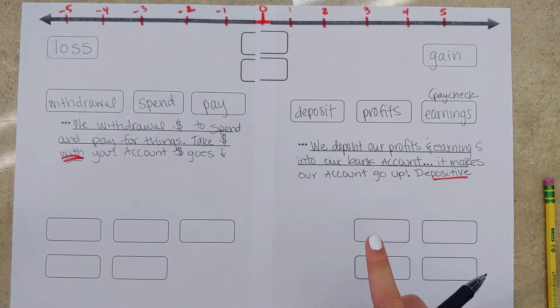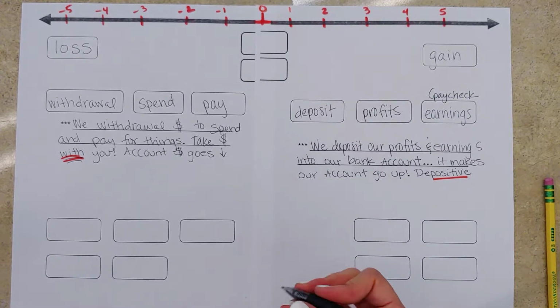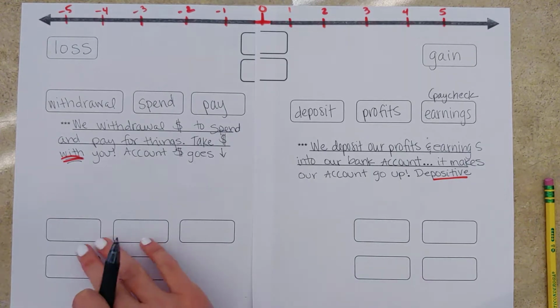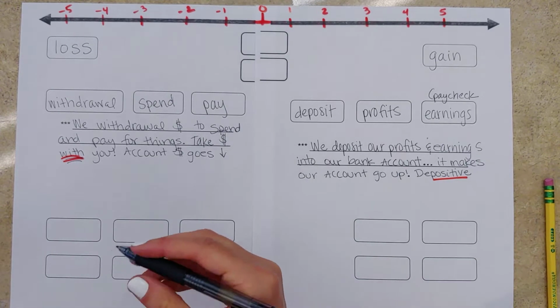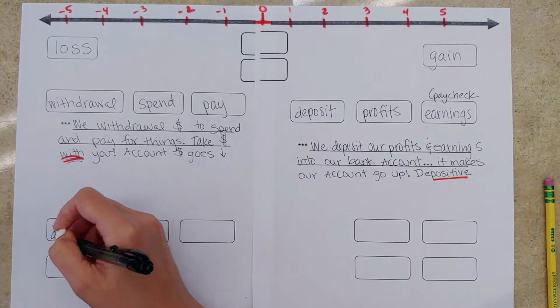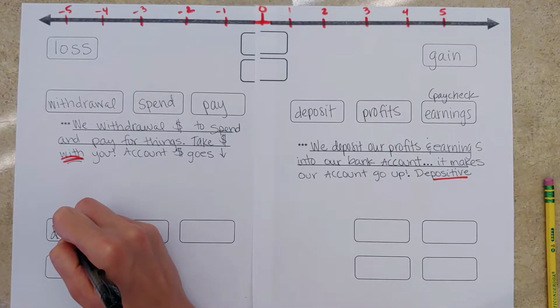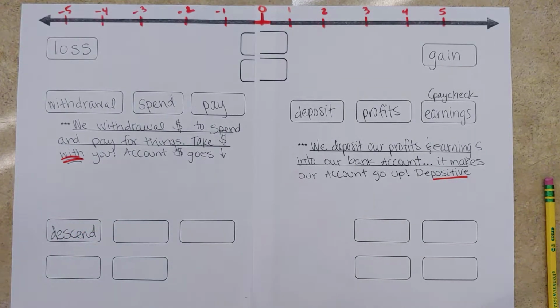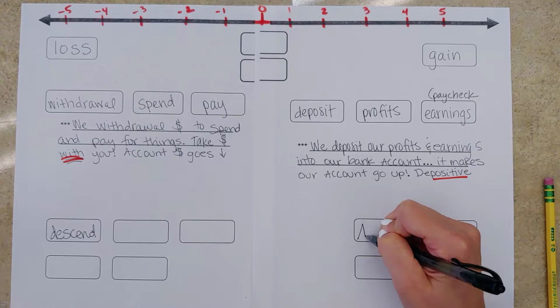Now we're going to look at some other basic things. Let's talk about it on this side over here. If we are climbing up a mountain, we've got to come down and descend the mountain. And then what's the opposite of descend? Ascend. Whoops, spelled that wrong.